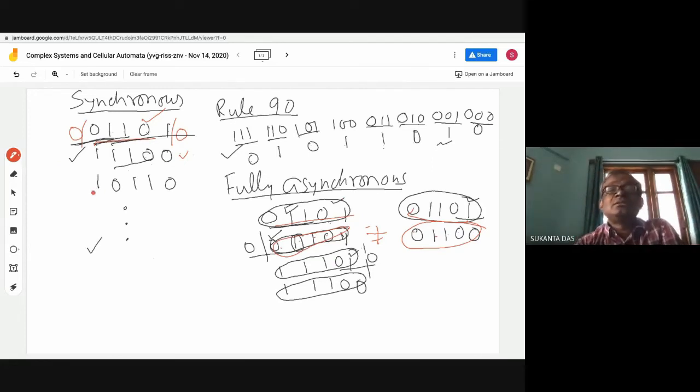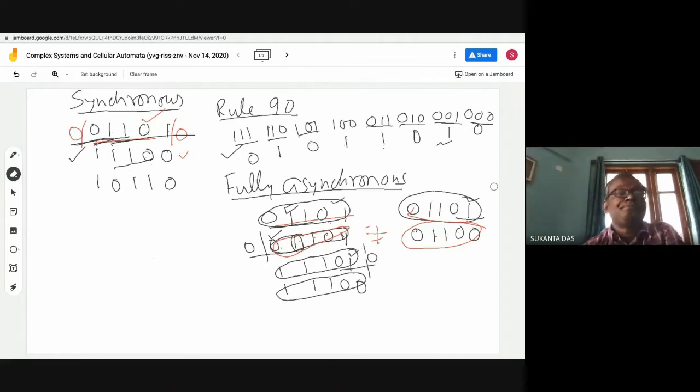Now let us discuss that one. This is fully asynchronous. Then come back to the alpha synchronous, right? Things are not very difficult, but if you have any issue, please let me know. So it is called alpha asynchronous.